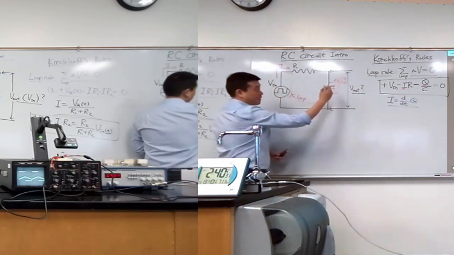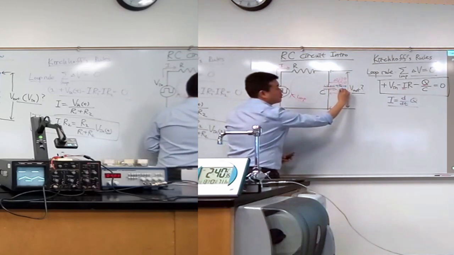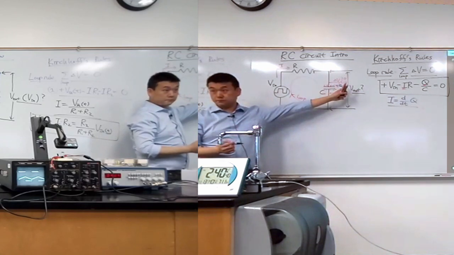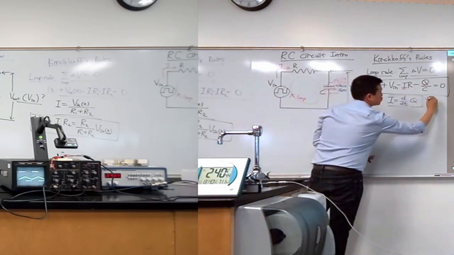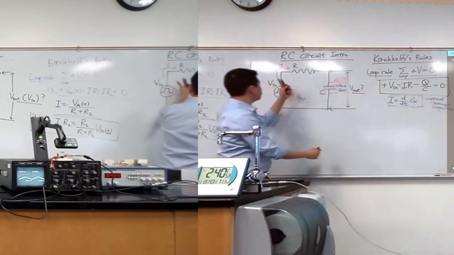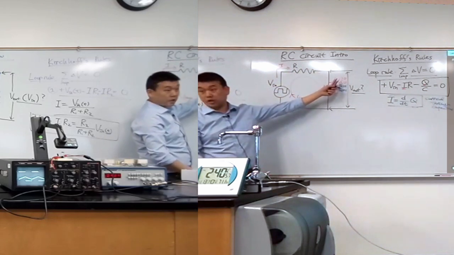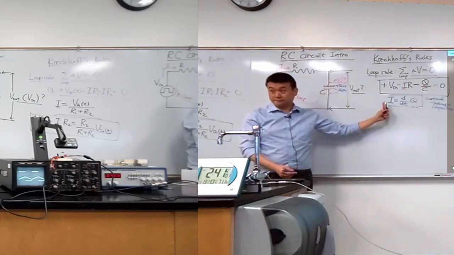What I mean by Q is the actual charges that are accumulating on the capacitor. Right? And this is the expression for current through the capacitor. Because whenever you have some amount of current coming in, your amount of charge stored will change at the rate given by the current. Okay?